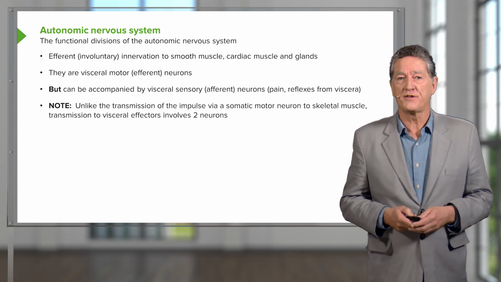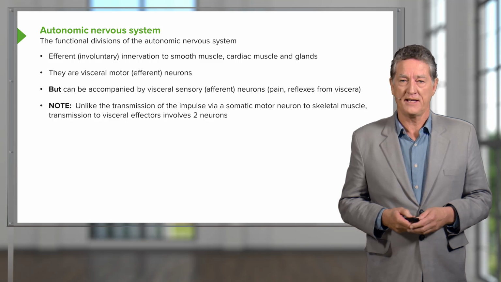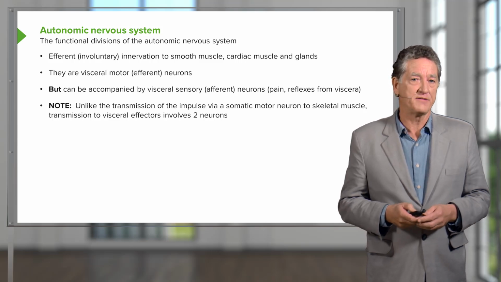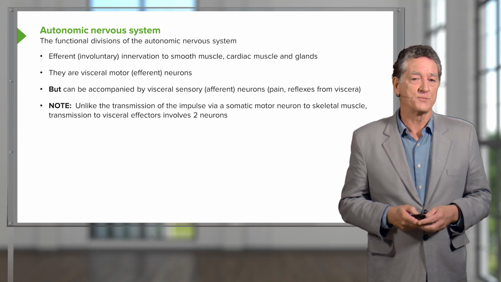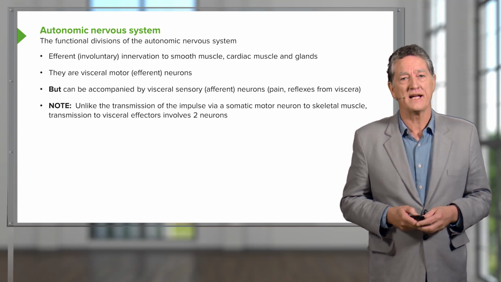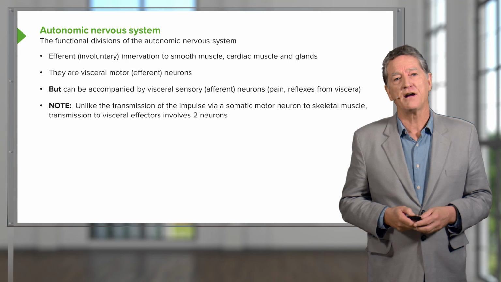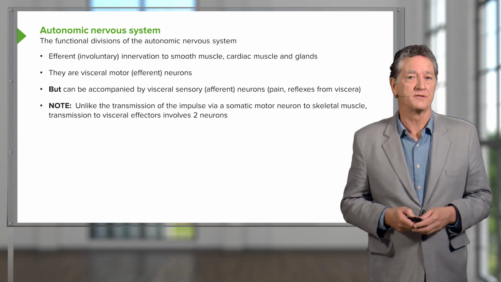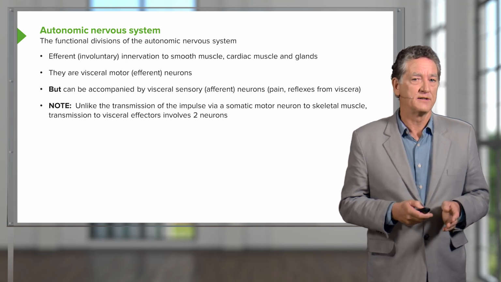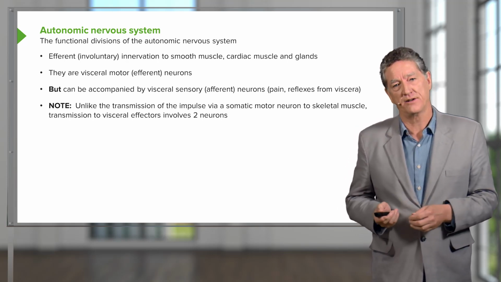In the case of the autonomic nervous system, in the case of the need to innervate the smooth muscle and glands, etc., that I've mentioned, there are two neurons involved. Neurons we call preganglionic and neurons we call postganglionic.